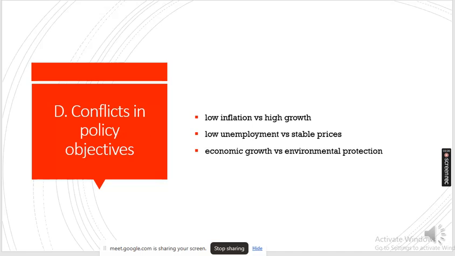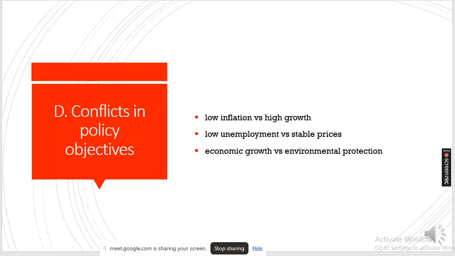Now, within government or within the economy, there might be conflicts in policy objectives. For example, low inflation versus high growth. People want prices of goods to be lower, but at the same time, you want your economy to grow.